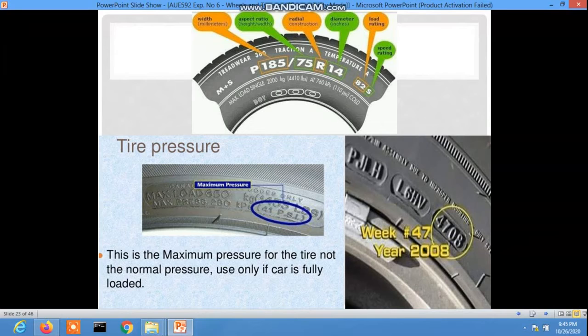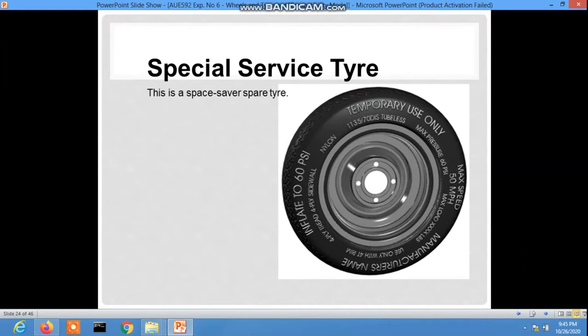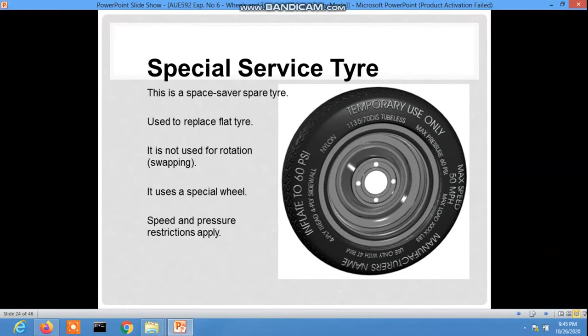Special service tire, this is a space saver, a separate tire used to replace a flat tire. It is not used for rotation, it uses a special wheel, and speed and pressure restrictions apply. It has no hub cap or wheel cover.